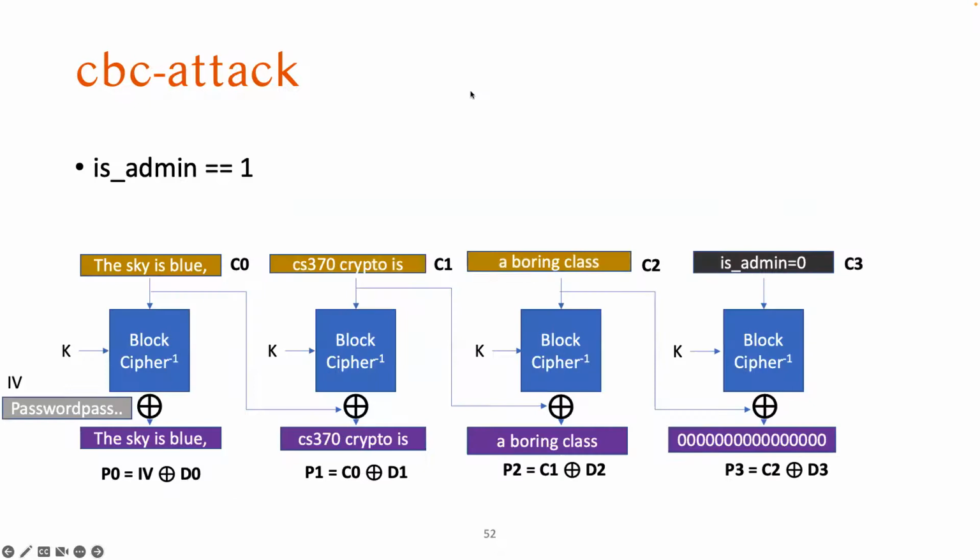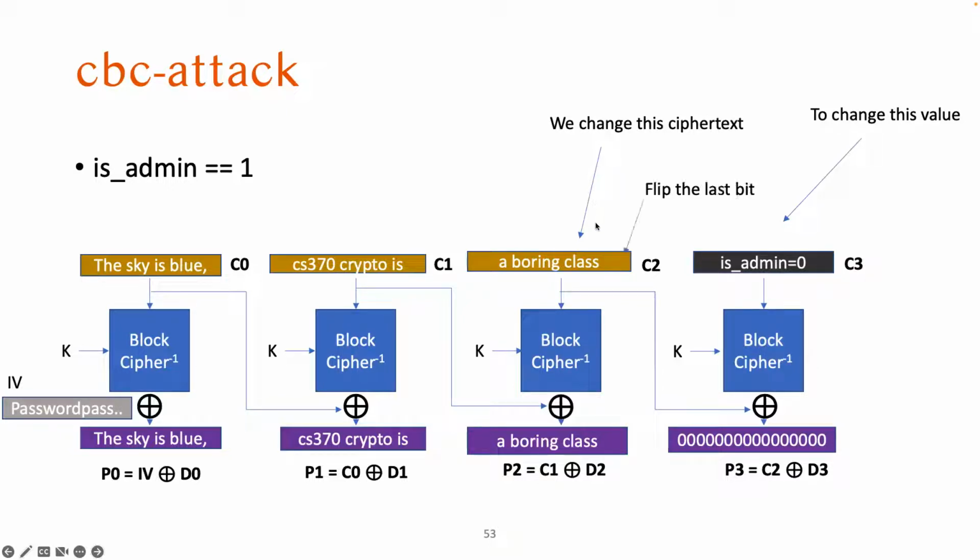Then what about making the isAdmin 1 or another value? We know that the isAdmin variable is at the end of the block. Yes. And then we need to change this 0 to 1. To change this value, we need to manipulate not this one, because this block will be XORed into the plain text of the last block.